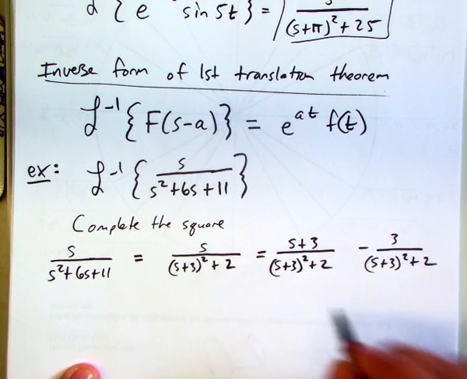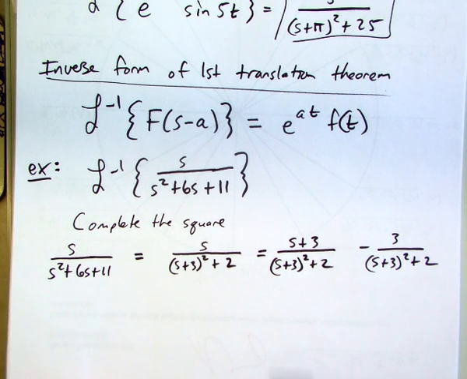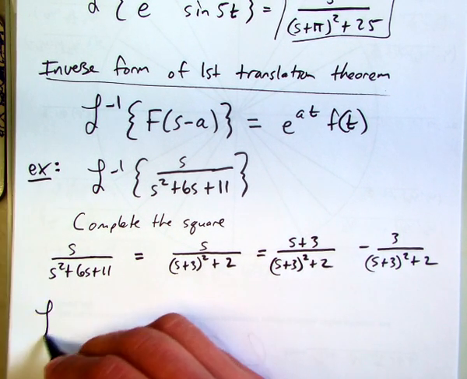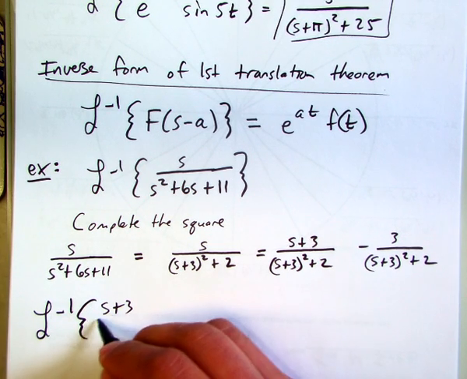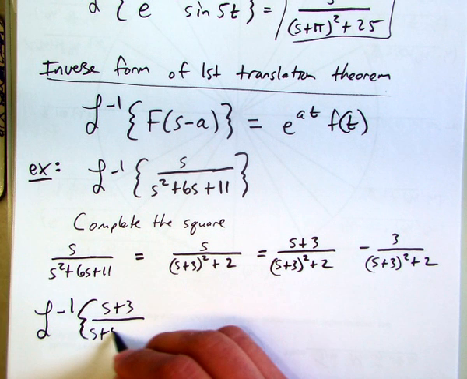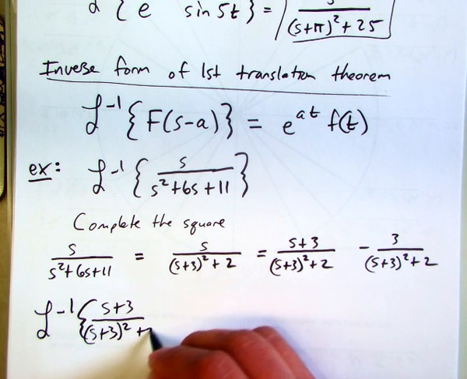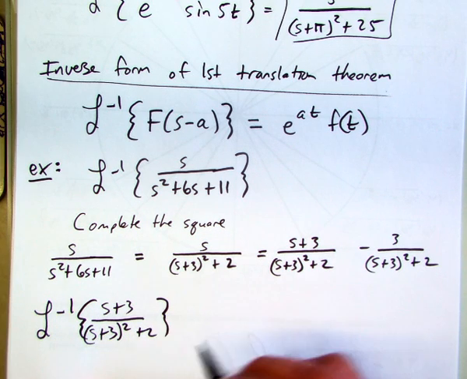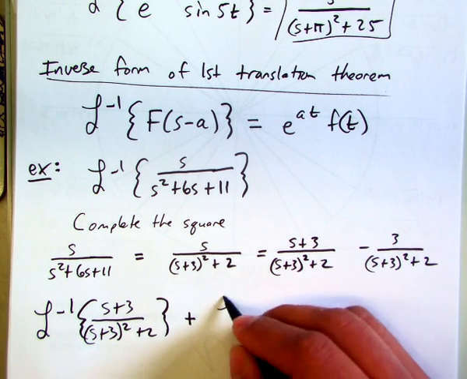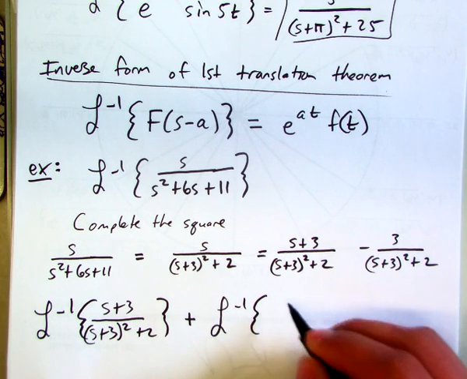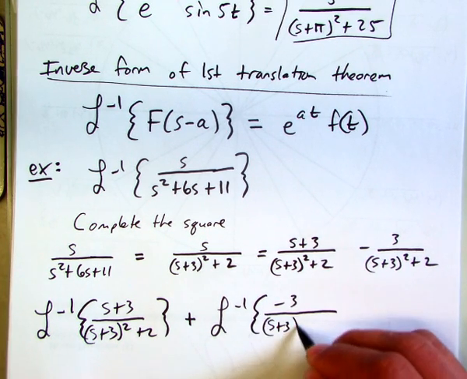And now we know how to do the transform of each of these, right? So if we're taking the inverse transform of s plus 3 over s plus 3 squared plus 2, plus the inverse transform of negative 3 over s plus 3 squared plus 2.